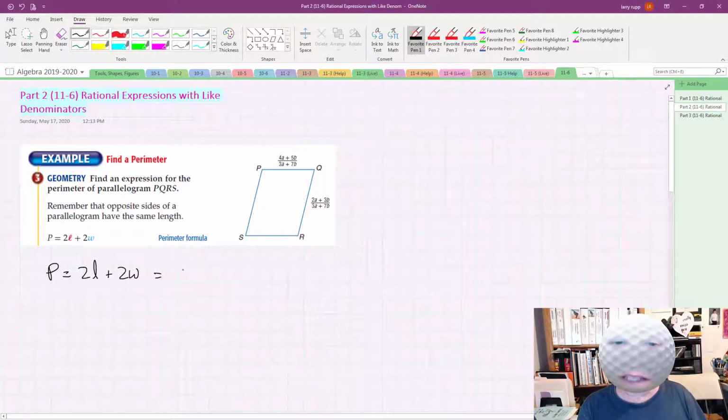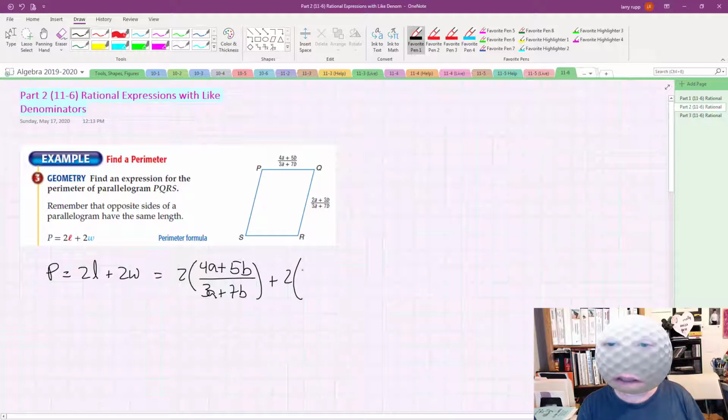That says that we have 2 times 4a plus 5b all over 3a plus 7b, plus 2 times, and this is the other side length now, 2a plus 3b all over 3a plus 7b.